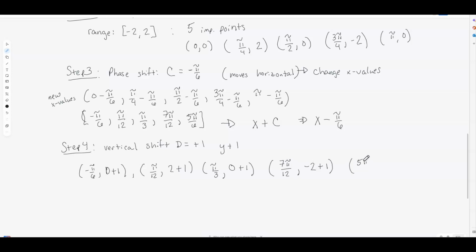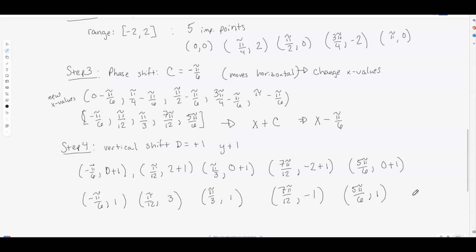And we have 5 pi over 6, and that was a 0 plus 1. So this becomes negative pi over 6, 1, pi over 12, 3, pi over 3, 1, 7 pi over 12, negative 1, and 5 pi over 6, 1.